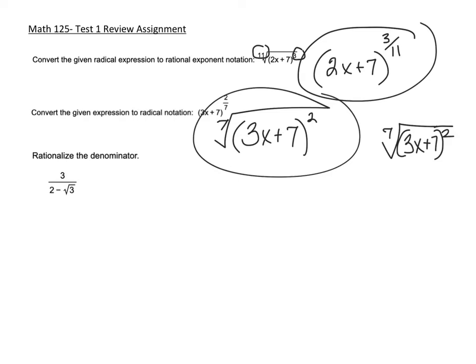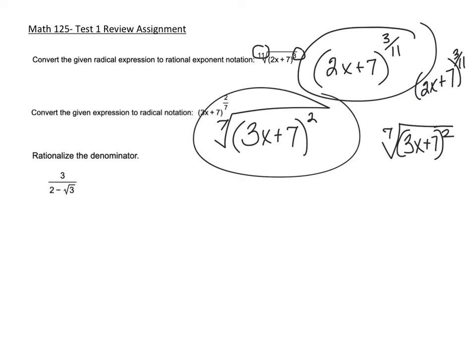And the same thing for the first one we worked. Sometimes people want to write it without the parentheses. If you wrote it like this, I've seen this in the past, you're getting the right idea, but it's incorrect, because this way you're only raising 7 to the 3/11th power. You've got to put the parentheses. So just be careful on that.